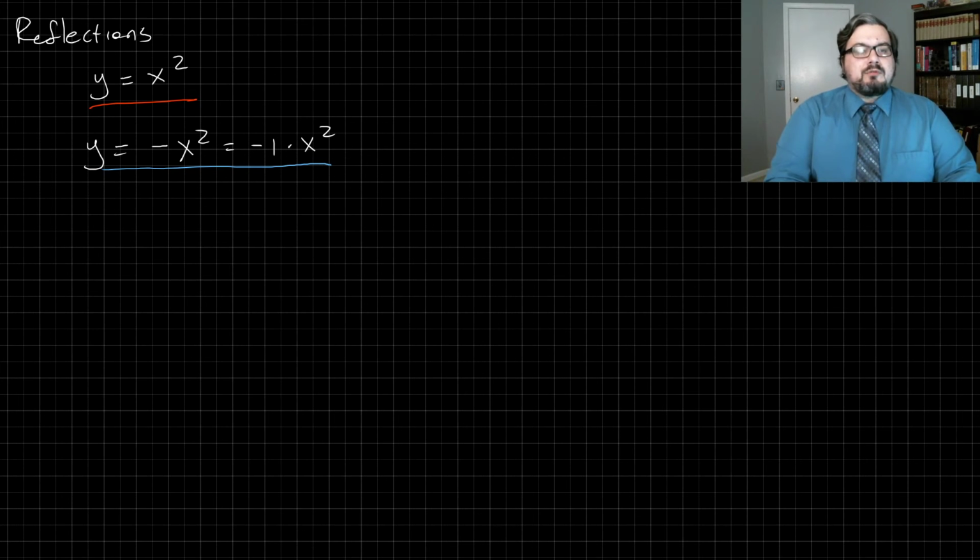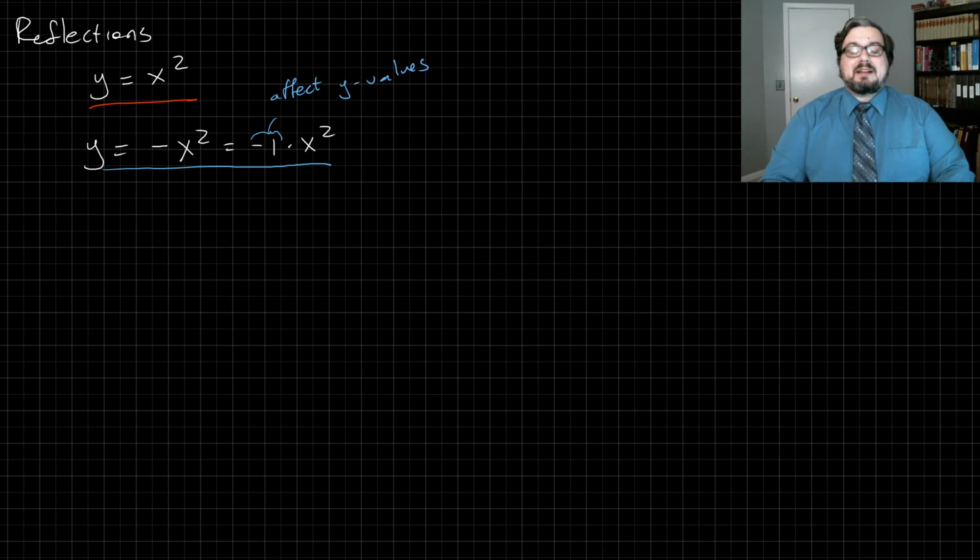So remember again the general principle that we have, that things that are applied after the base function, in this case the base function is again x squared, things that occur afterwards are going to affect the y values of the graph.